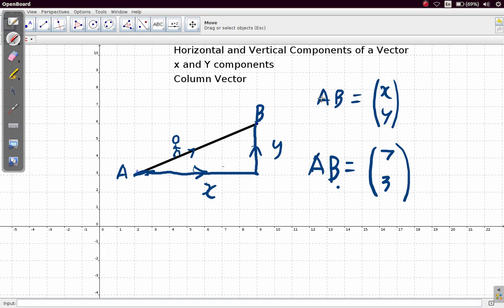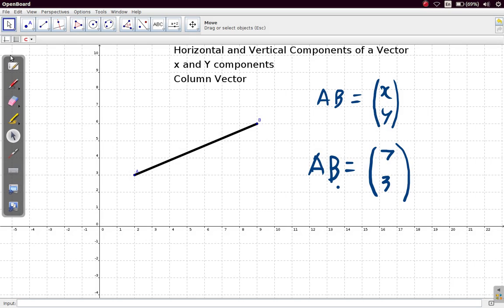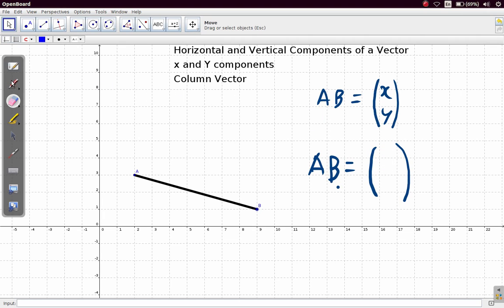Now, let me erase some of this, and let's imagine that vector AB is now like this, and I want to write down the values, horizontal and vertical, for vector AB.